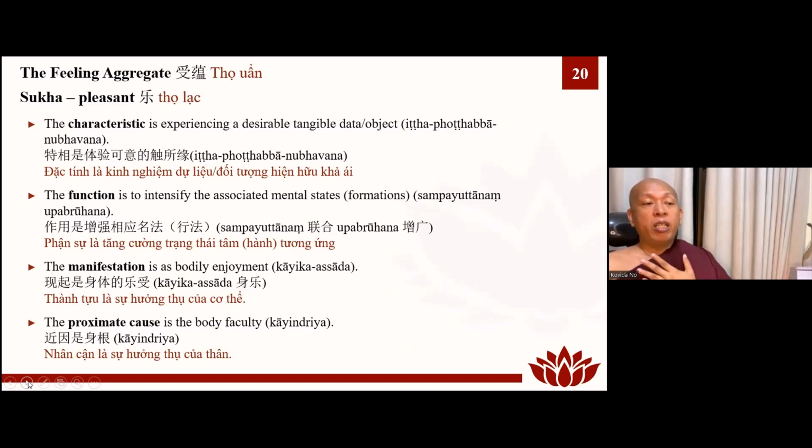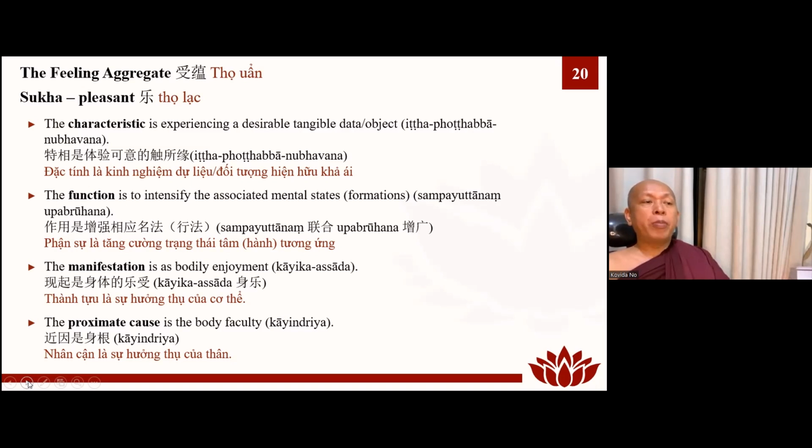Physically, pleasant or unpleasant. This is called sukha and dukkha. Mentally, we have pleasant or unpleasant, sometimes equanimity, equanimous feeling. Even bodily, sometimes we also feel equanimous feeling, right? Not that much pleasant, neither pleasant nor unpleasant.